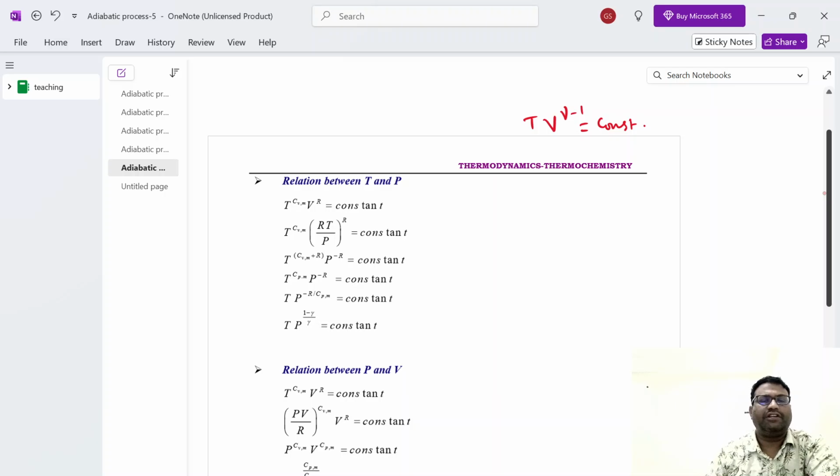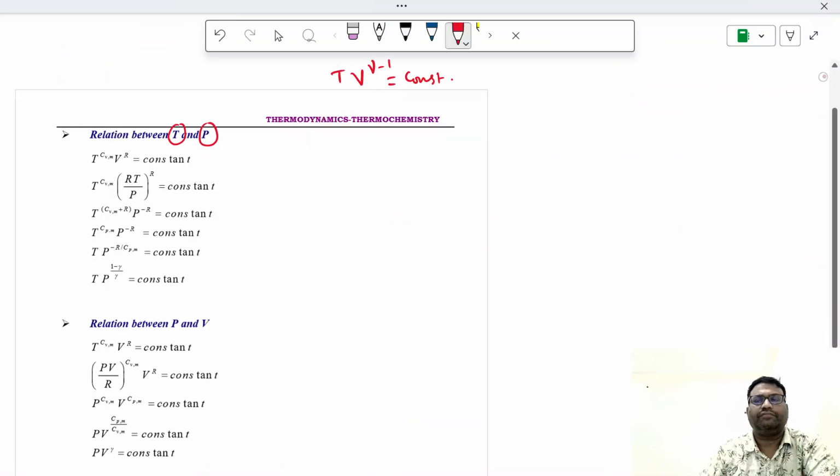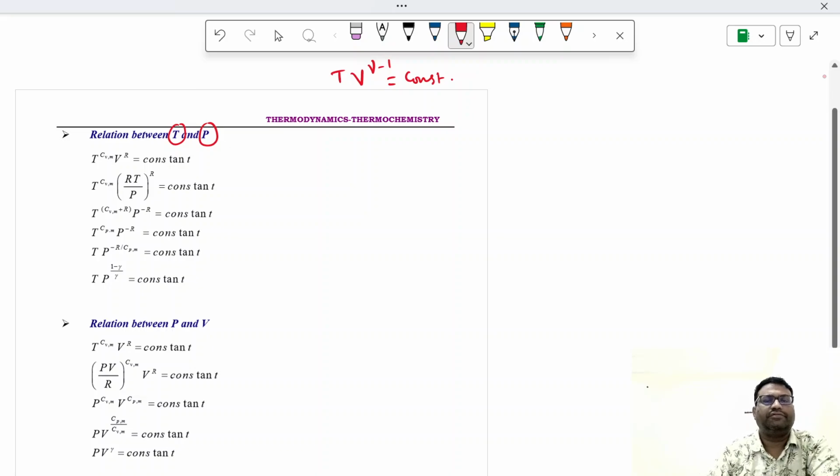Now we are deriving the relation between T and P. So use this, and we know that from the ideal gas equation, PV is equal to nRT, right? We are deriving the relation between T and P. So instead of V, what can we write? V is equal to nRT by P.